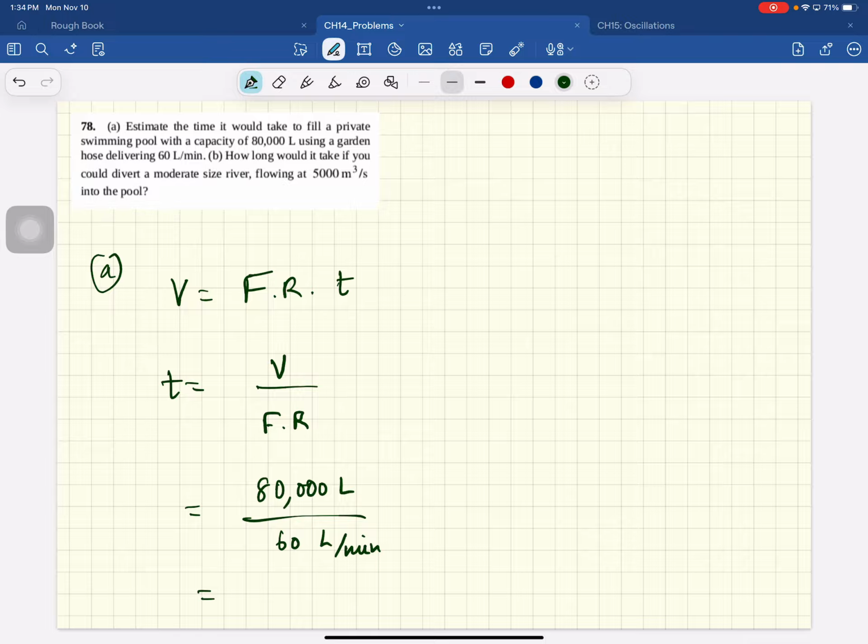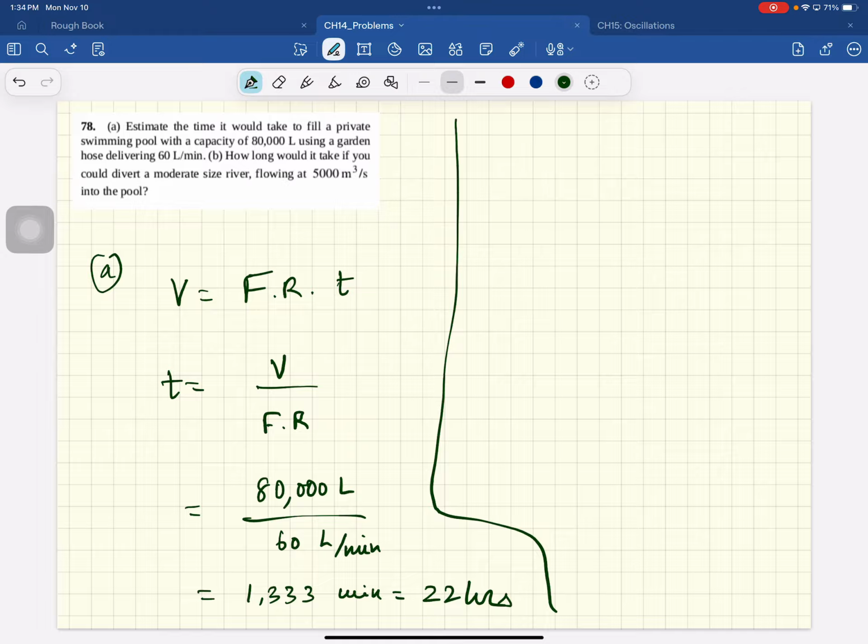So it takes you 8,000 divided by 6. If you're filling a pool with a garden hose, it takes that many minutes, about 22 hours. So it'll take you all day to fill the pool with a garden hose.